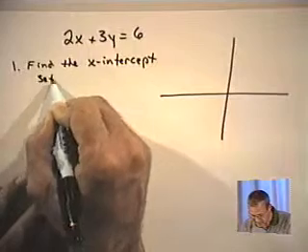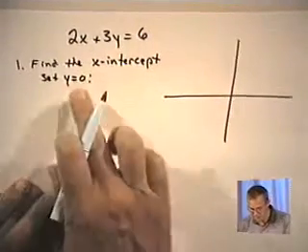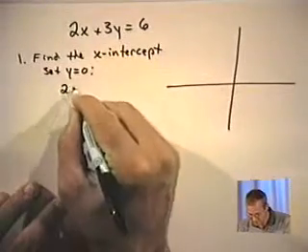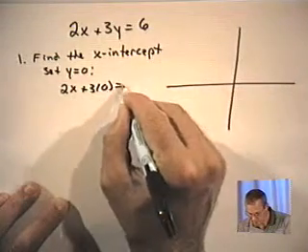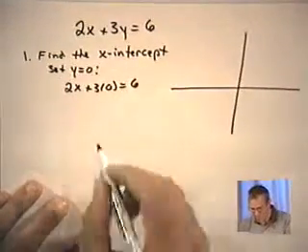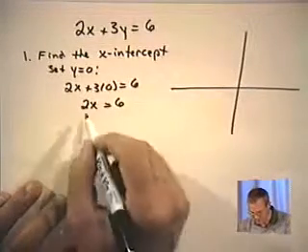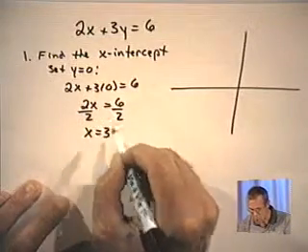So let's set y equal to 0, which means wherever I see a y, I'll plug in a 0. So I get 2x plus 3 times 0 equals 6. 2x equals 6, divide by 2, x equals 3.